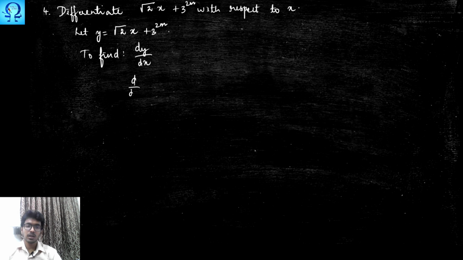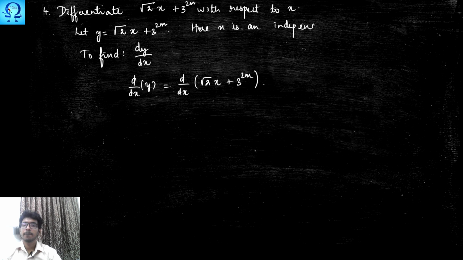So d upon dx of y is going to be d upon dx of under root 2 times of x plus 3 power 2m. Here x is an independent variable and y is a dependent variable.